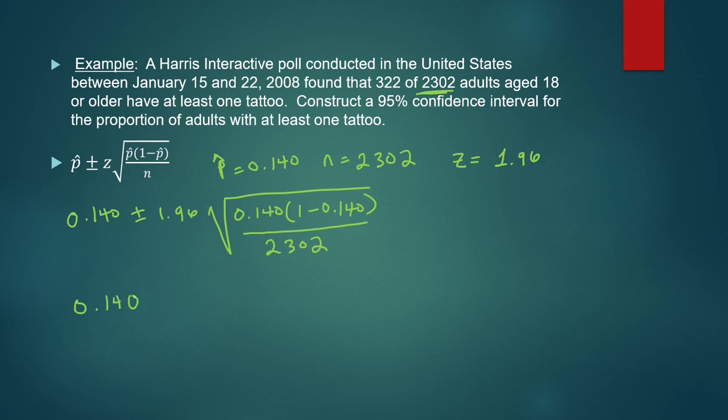We'll simplify the right side of the plus or minus, and that simplifies to 0.0142, and our confidence interval is going to be 0.1258, comma, 0.1542.